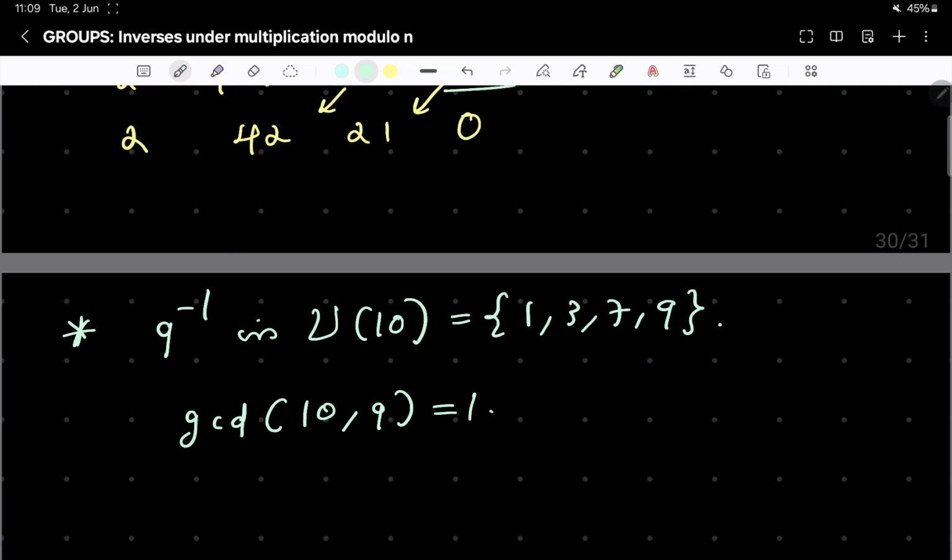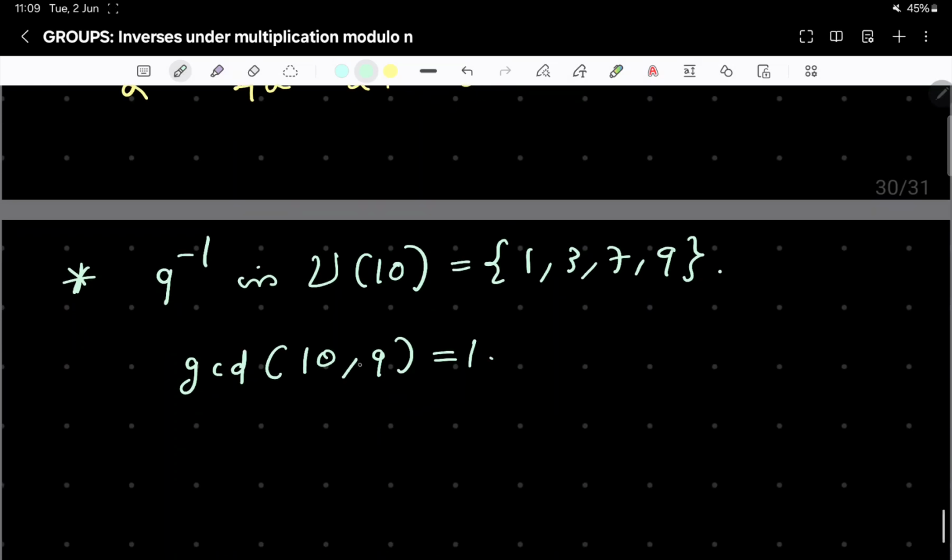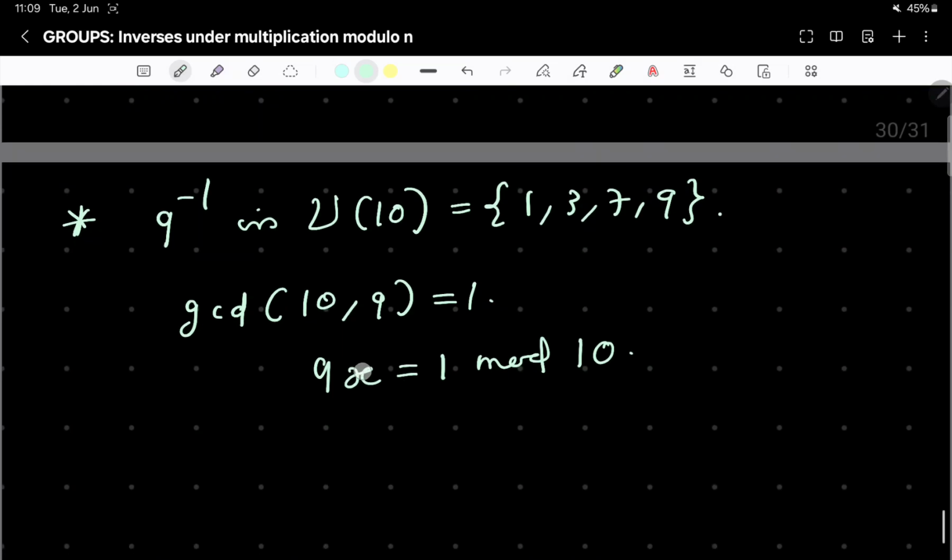Now who is going to be the inverse? That element x which is congruent to 1 mod 10. This x we need to find out. So what we are going to do is write 10 in terms of the division algorithm. When you divide by 9, the remainder is 1.